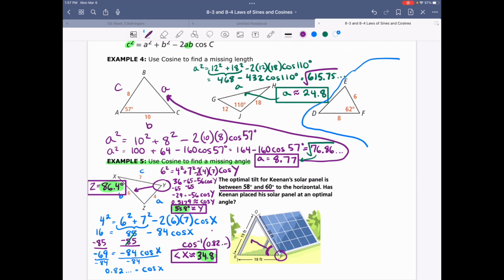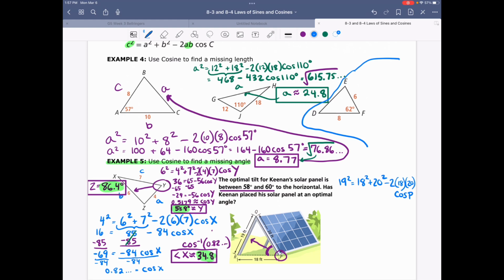Well, it points to 19, and that's opposite the angle we're trying to figure out. So we will do 19 squared is equal to 18 squared plus 20 squared minus 2 times 18 times 20 times cosine of P.